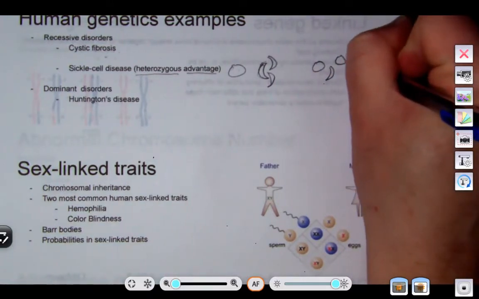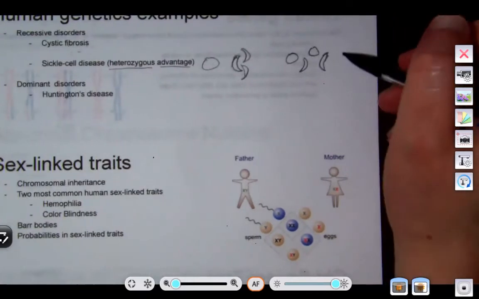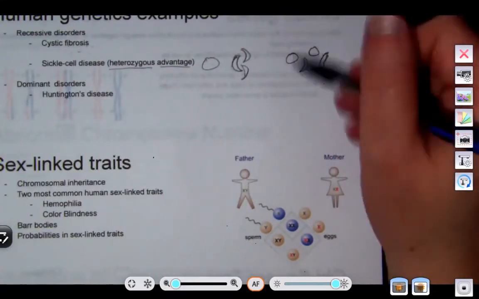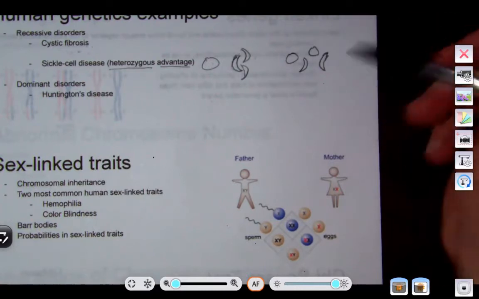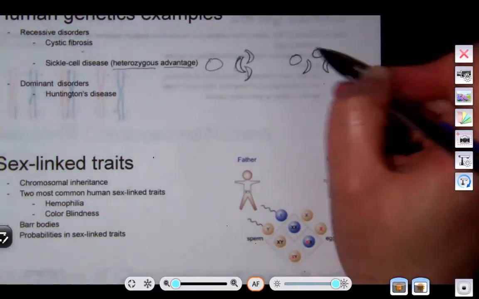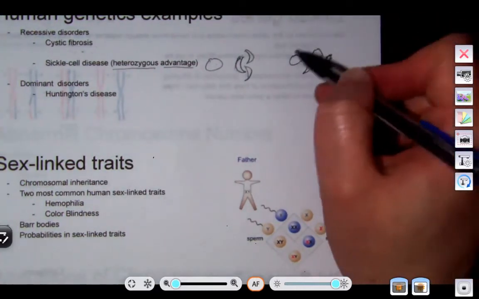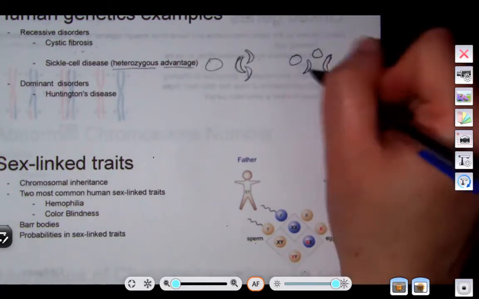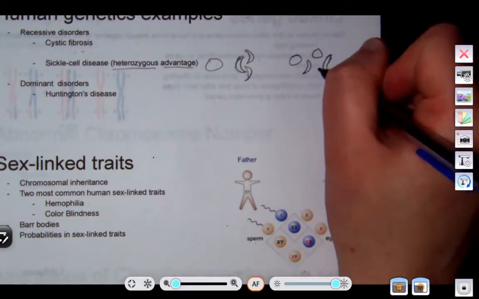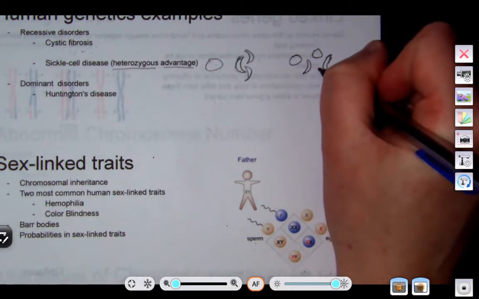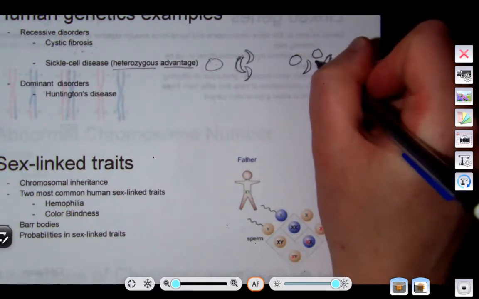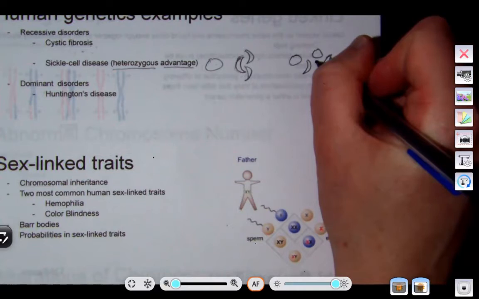A lot of times with heterozygous, you make enough of the dominant that it just overlaps on the recessive, or the recessive just doesn't work, but you have enough dominant that it works just fine. In this case, they end up with both. Now, this still has some linked negative health effects, but what it does do is it provides a benefit against malaria.